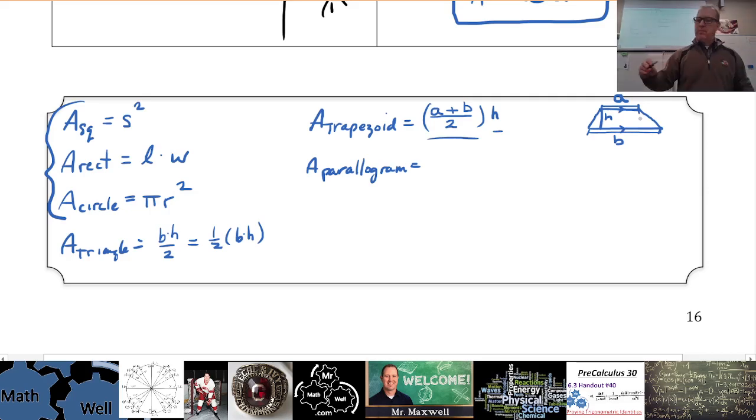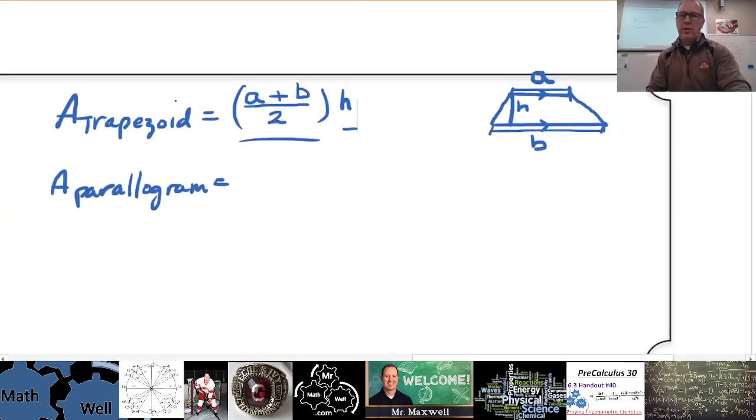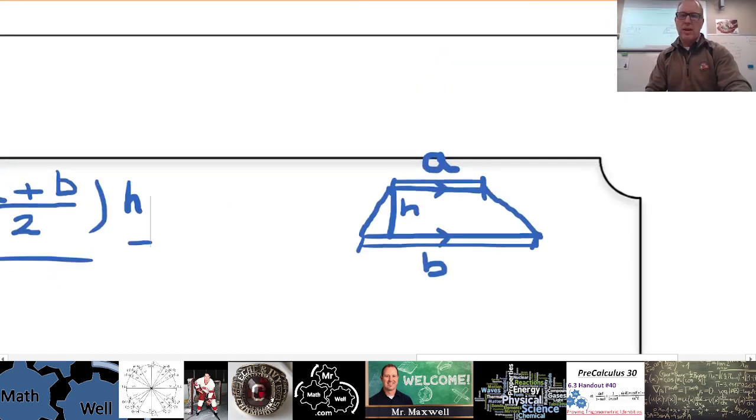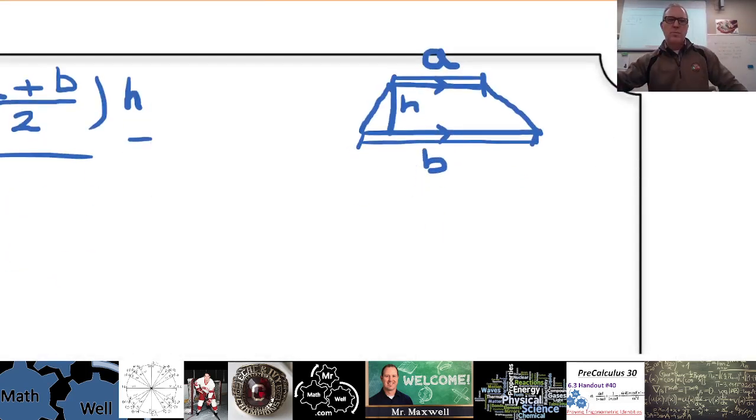Now, I don't want to get too far into it, but that's, I think, fairly reasonable if you think about this. The average of A and B is going to be about here, this length right here, because here's A, the little side, here's B, the big side. So the average is going to be about here. And if you take that and you multiply it by the height, you're finding the area of a rectangle like this.